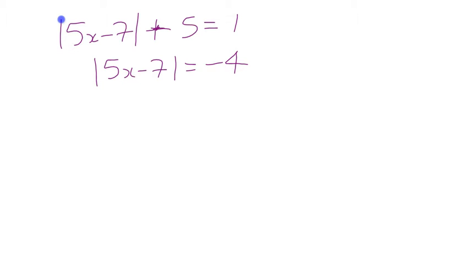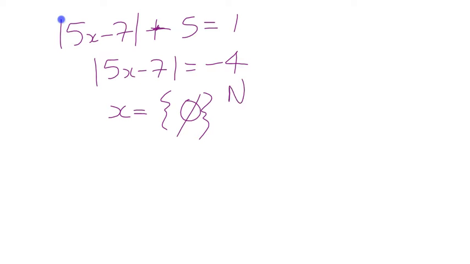Along the lines of, but the absolute value is always positive, so how can it be equal to a negative? And the answer is? The empty set, there's no solution, whatever you want to write, right?